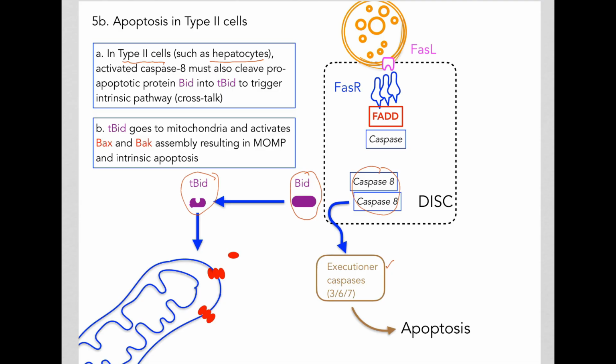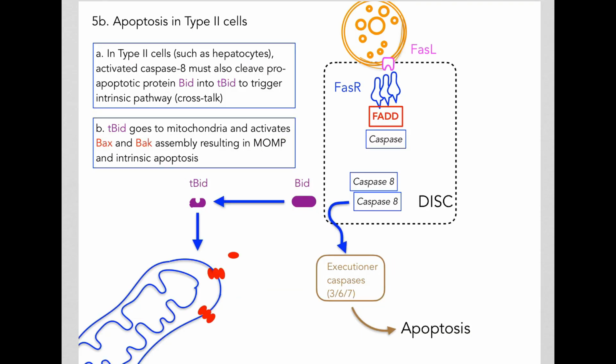And this tBID will now go to the mitochondria and activate the BAX/BAK assembly, and that leads to the permeabilization of the mitochondria, which then leads to intrinsic apoptosis that we talked about in a previous video. So in this case, there is extrinsic as well as intrinsic apoptosis that will kill the cell, and this is what we see in type 2 cells.